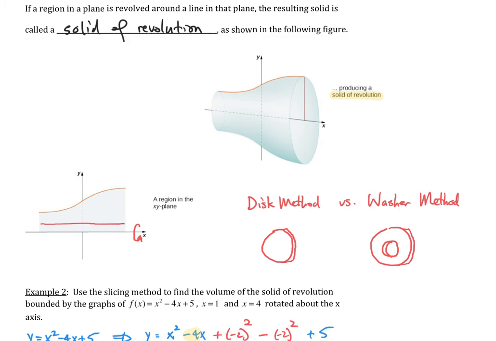If I have another line like that, then I hope you can imagine that when we rotate about the x-axis, there's going to be a giant hole in the middle over here. And if we have a giant hole in the middle, then the cross-sectional area is going to have a hole in the middle. And that's going to be how we get our washer. That washer would have a little bit of thickness like that.